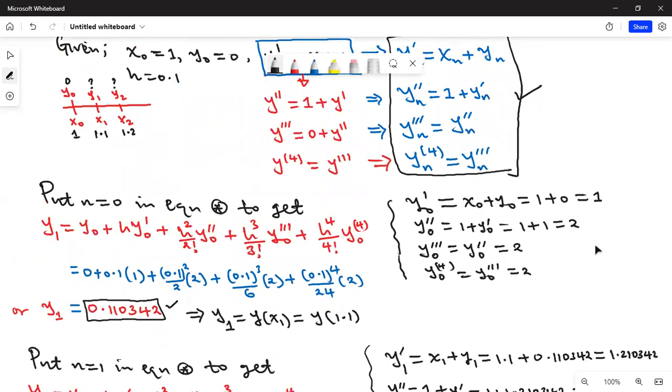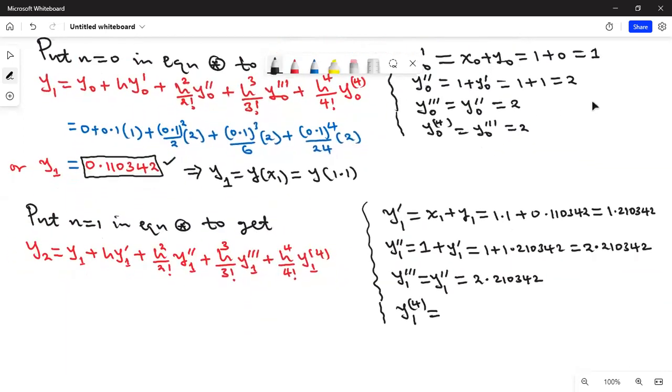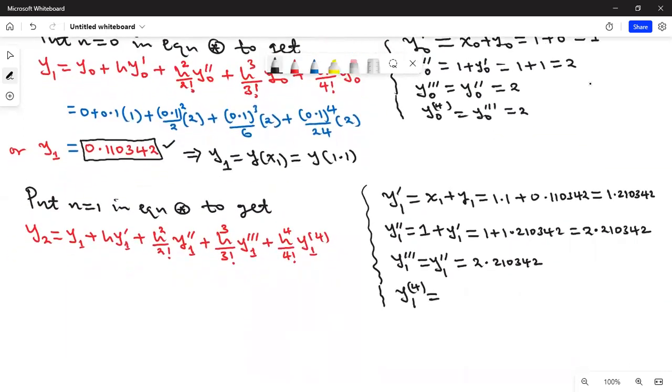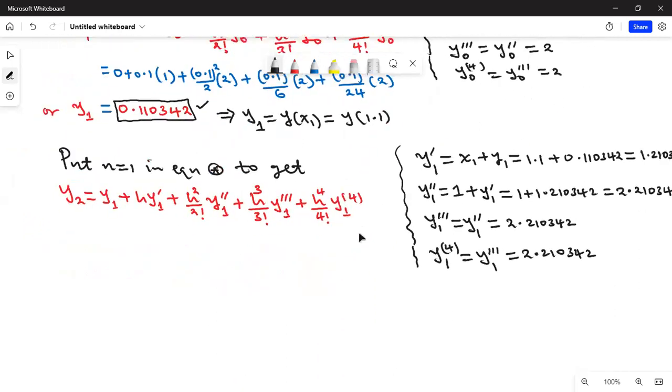When n is 1, we get y1 third prime. So that's the same as y1 third prime, which we have found to be 2.210342. So now we have those values.